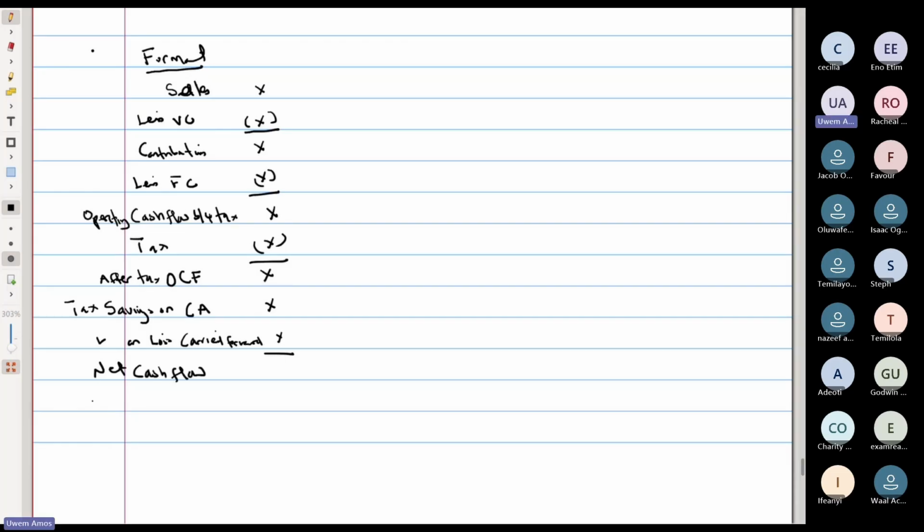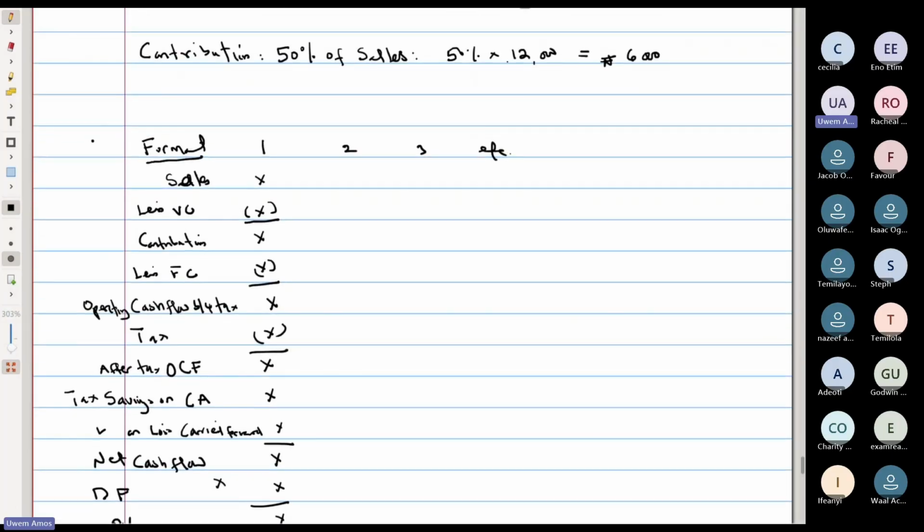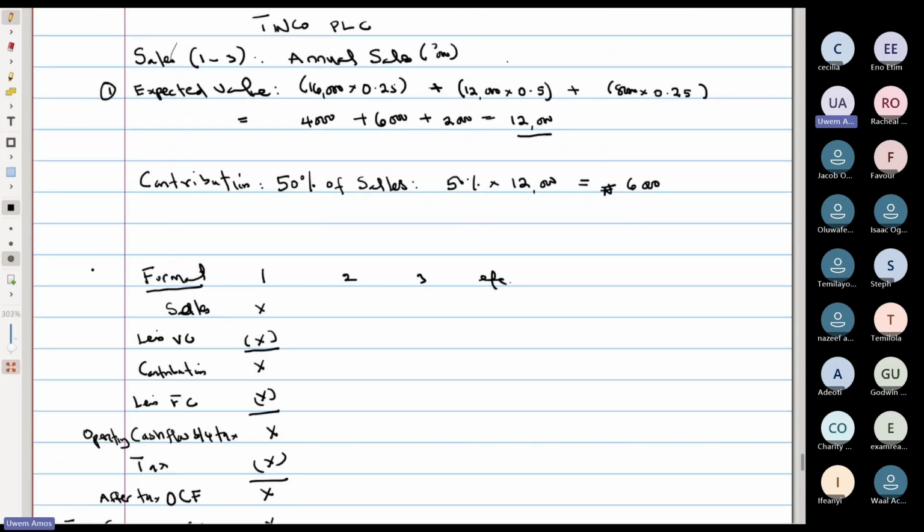We can then have your discount factor, whatever that is, you have your present value. So this multiplied by this. So that's just a quick recap. You can have that for year 1, year 2, year 3, etc., depending on the duration of the project. Okay, so that's just a quick digression, really. So back to our solution.